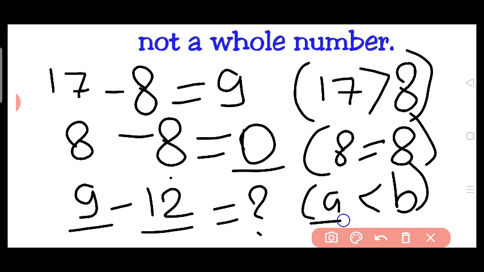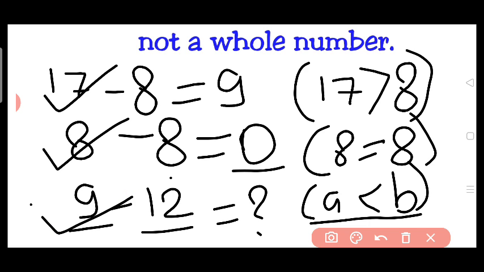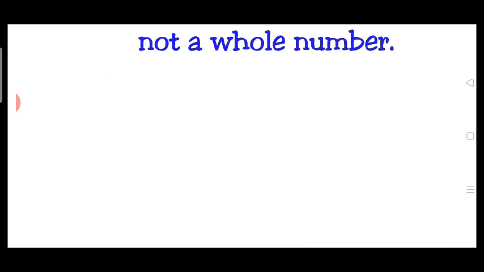So closure property is true in case of subtraction only when a is greater than b or a is equal to b. But if a is smaller than b, the result will not be a whole number. Okay, this is closure property.